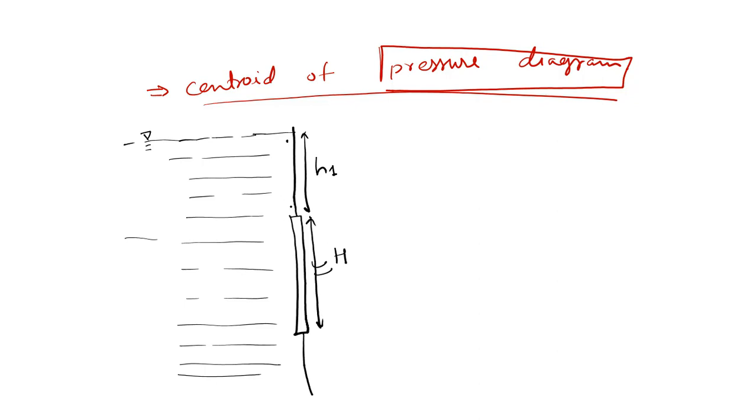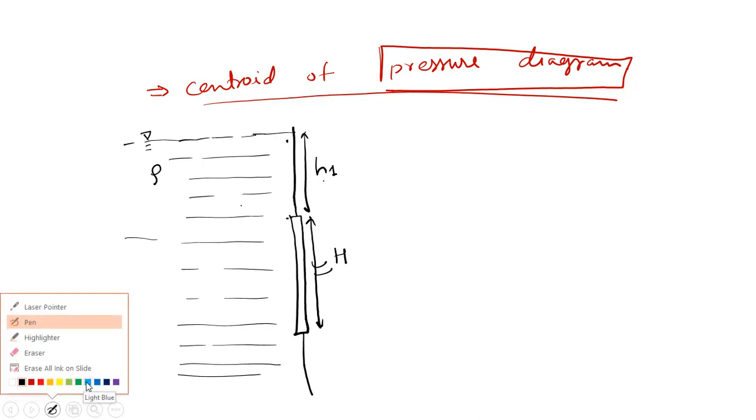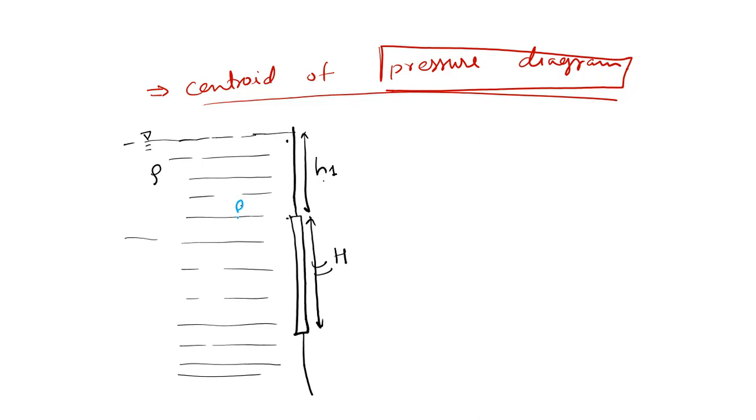If it is h1, what is the pressure at this point? The density of the fluid is rho. It's easy, right? Rho g h1. Here the pressure will be rho g h1, and from here, if I move x, on top of rho g h1 it will add rho g x, and it will be linear like this, right?